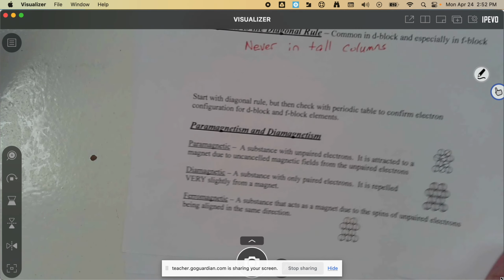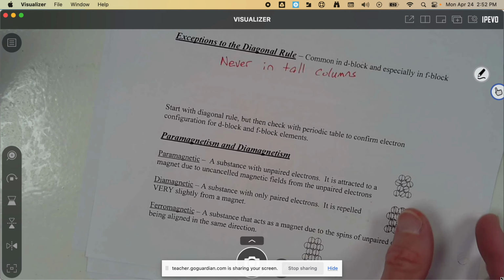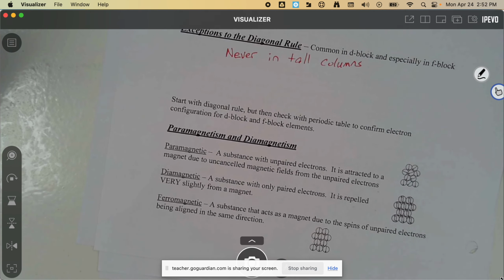Last idea related to configurations before we switch to quantum numbers is the idea of paramagnetic and diamagnetic and ferromagnetic. Because electrons are spinning charged particles, they have magnetic fields. A substance that has a bunch of unpaired electrons, they're all spinning and creating magnetic fields that don't cancel one another.